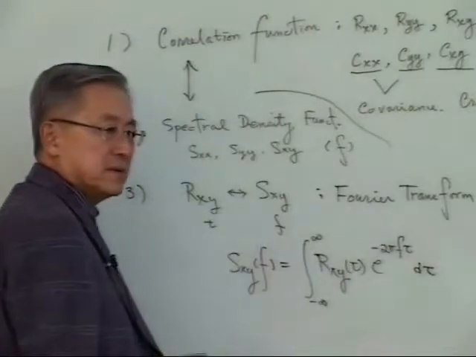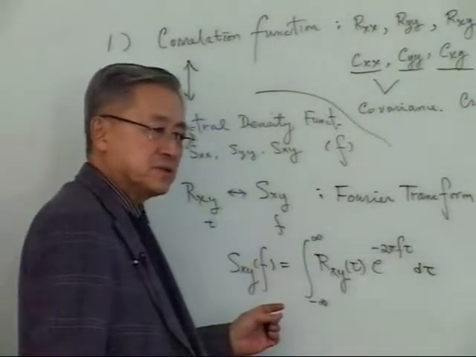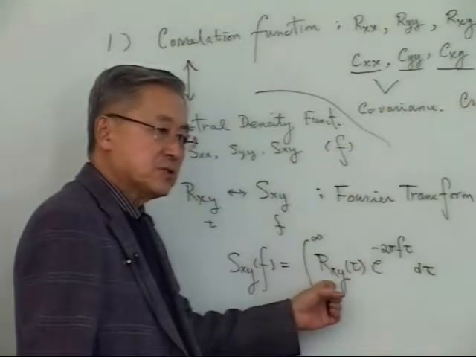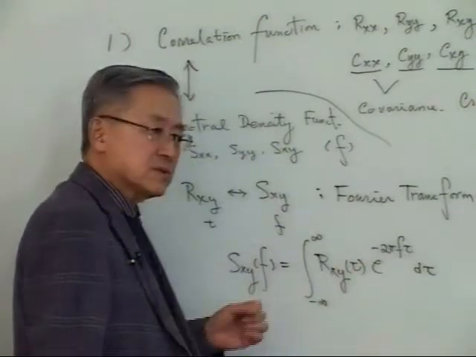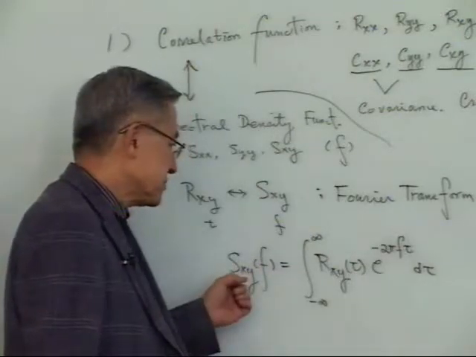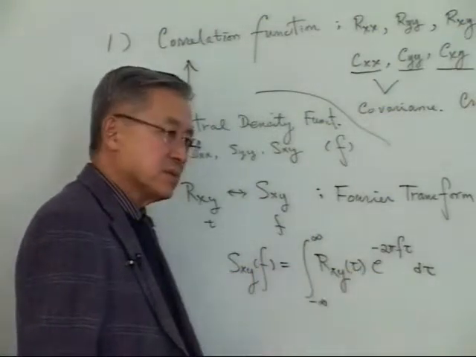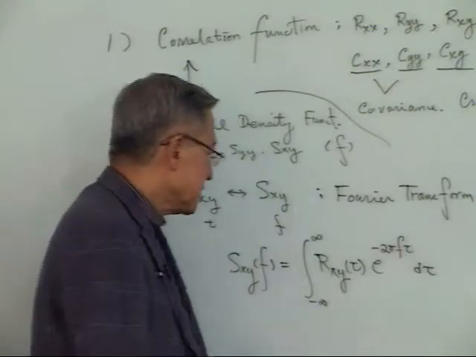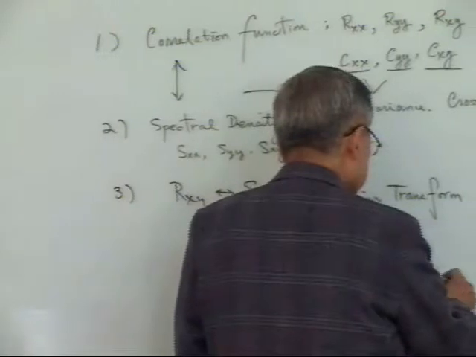This is a Fourier transform of the correlation function. The spectral density function is the Fourier transform of the correlation. This is frequency domain. This is time domain. Okay? And vice versa.